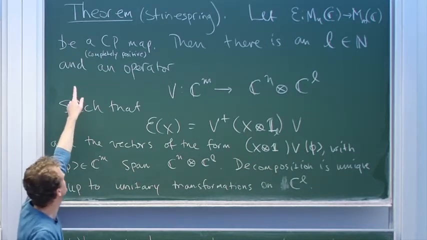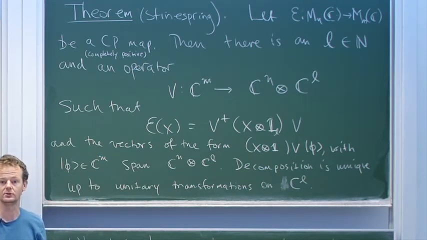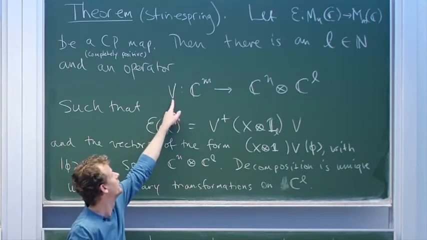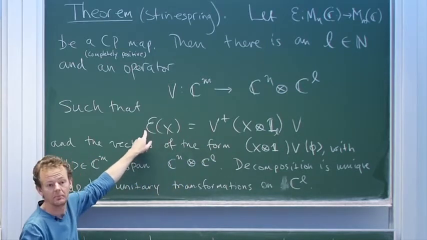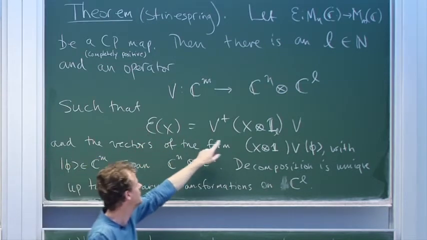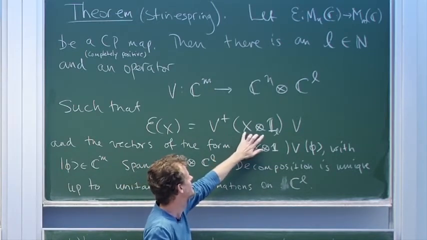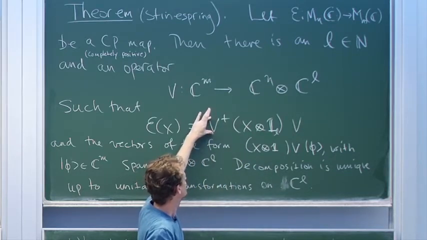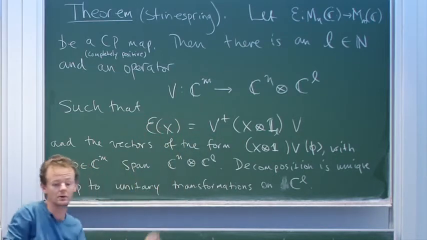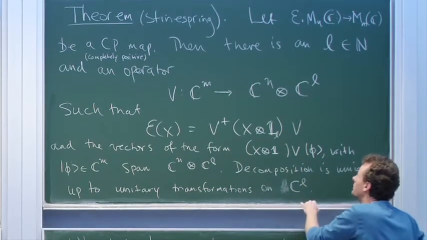It says that if you have some completely positive map, which is a map satisfying axioms 1 and 2, then you can always find an operator V going from C^m to C^n tensor C^l such that this map E is equivalent to taking, this is now in the Heisenberg picture by the way, I'll say that in a second, taking an effect of the form x tensor I, do the operation V, and then you get an effect on your input system. So I should specify somewhere this is in the Heisenberg picture.